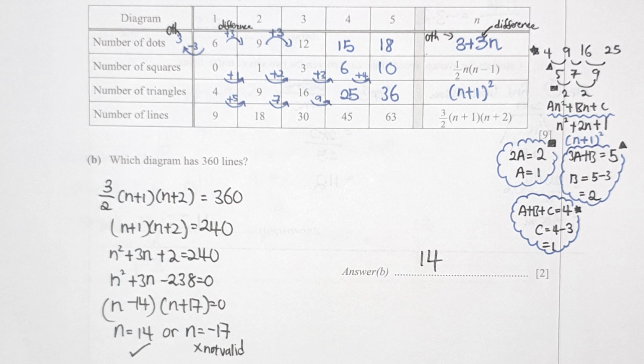So c equals 4 minus 3 equals 1. Substitute a, b, c's values into the equation, you will get n squared plus 2n plus 1, which translates into the answer I've written down, (n plus 1) squared.